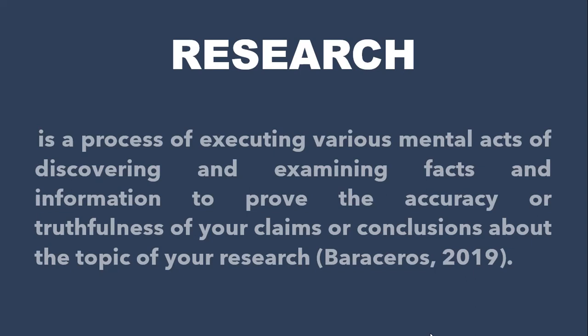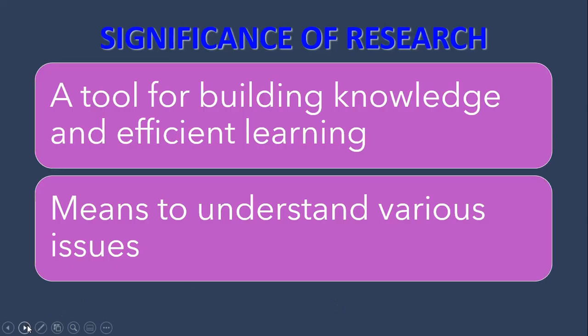And of course, when we speak of research, we have several characteristics of research, and also processes and ethics of research. Before we proceed, let us go over the significance of research.